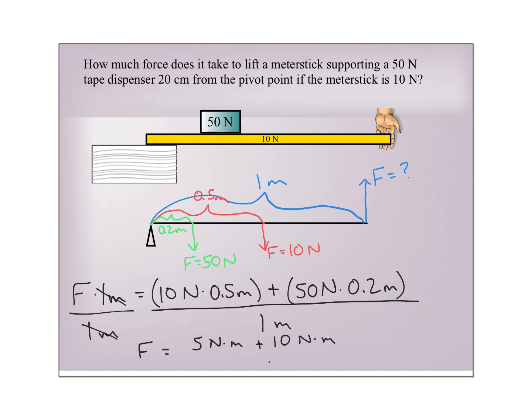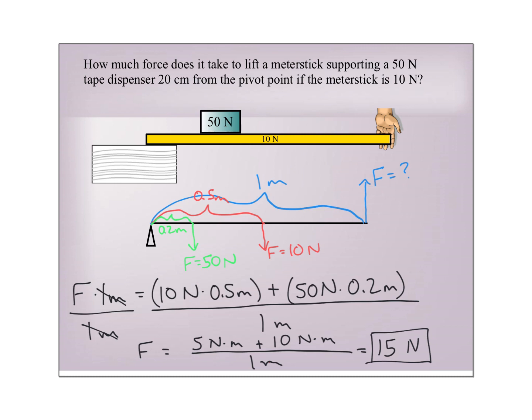And then dividing by 1, I end up with 15. The meters are going to cancel out, so the force I would have to apply to lift this would be 15 newtons. I've taken the heavier stuff and moved it further away from me. That's basically the pattern that you're going to begin to notice with this.